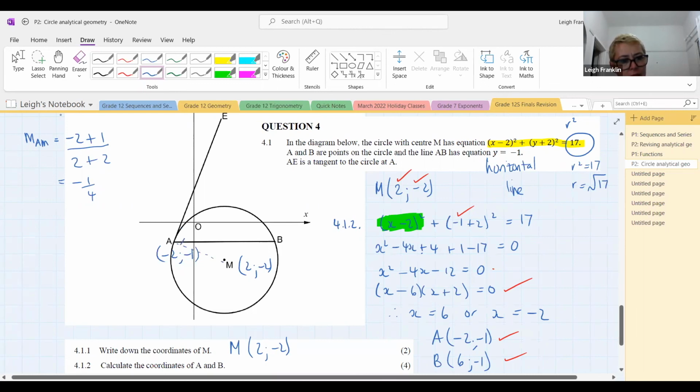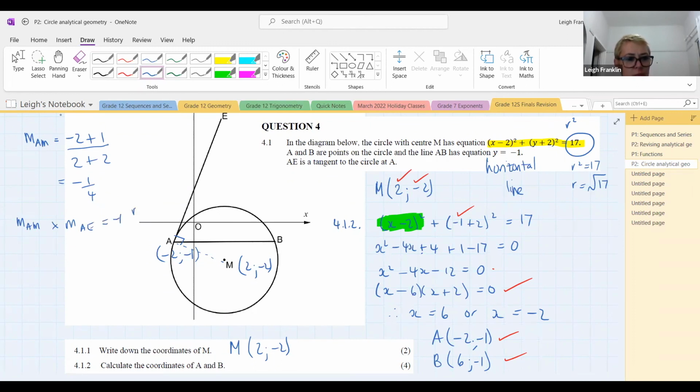All right, so because AM is perpendicular to AE, gradient AM times gradient AE equals -1 because the radius is perpendicular to the tangent. So if this is -1 over 4, then the gradient of AE has to be what?